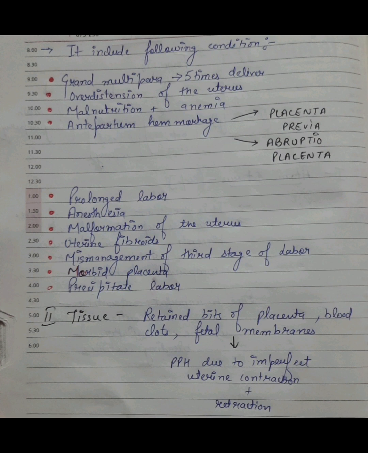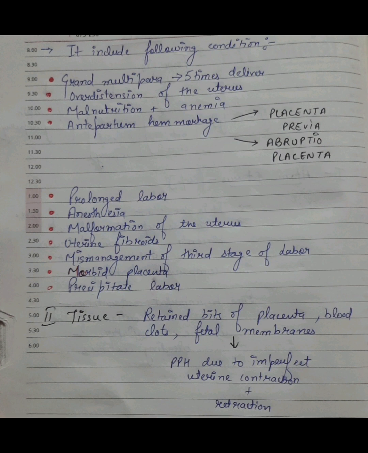Now this can be found in multiple pregnancy, hydramnios case, and in big baby. Further it leads to imperfect contraction and retraction, and can cause PPH. Third one is malnutrition and anemia. Fourth one is antepartum hemorrhage, which is further divided into two. First one is placenta previa, and second one is abruptio placenta.